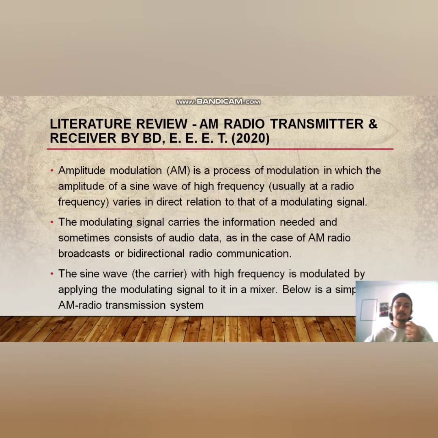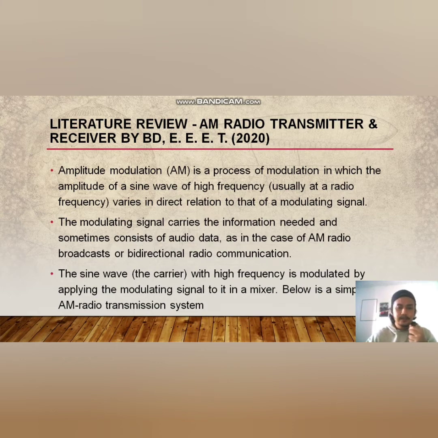Our literature review is AM radio transmitter and receiver by electronicnotes.com. The writer is Ian O, written in 2020. He said that AM is a process of modulation in which the amplitude of a high frequency carrier wave varies in direct relation to that of the modulating signal.